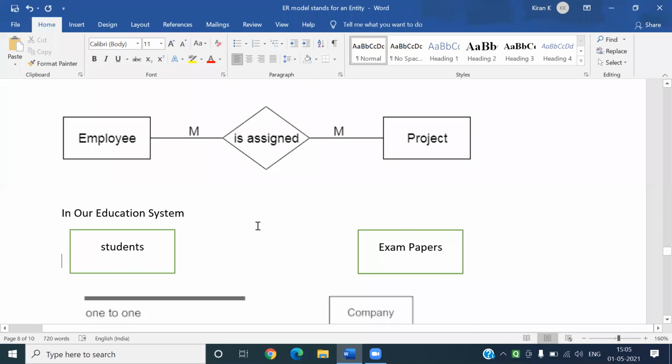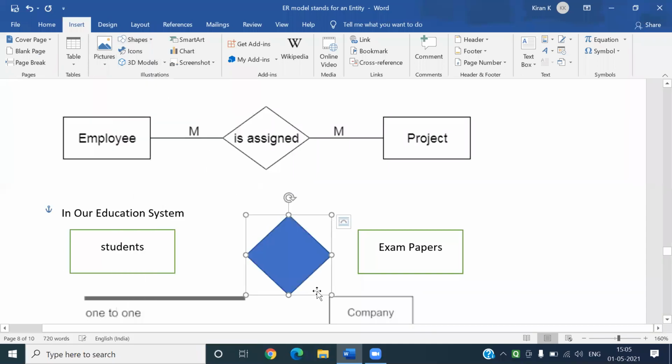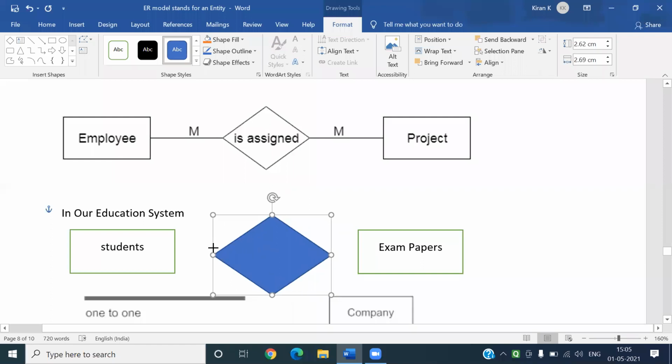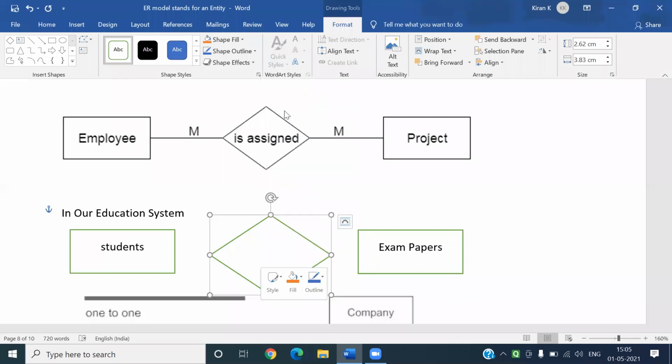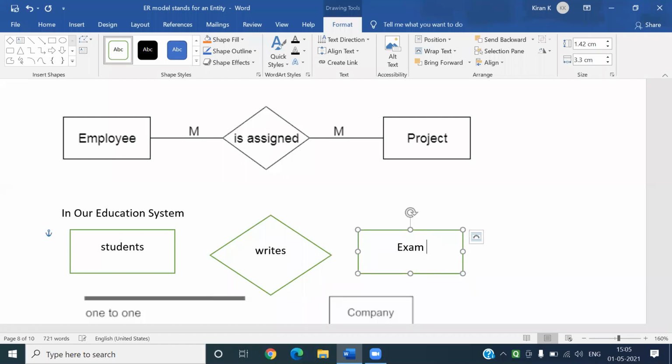So students write exam papers or exams. Students write exams.